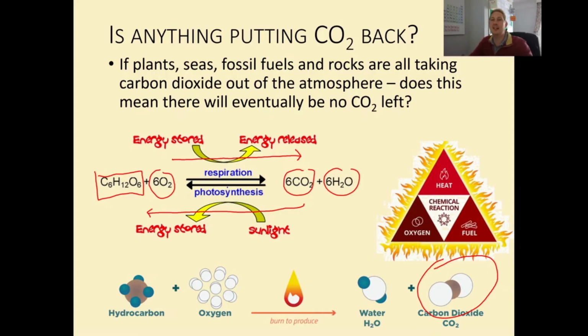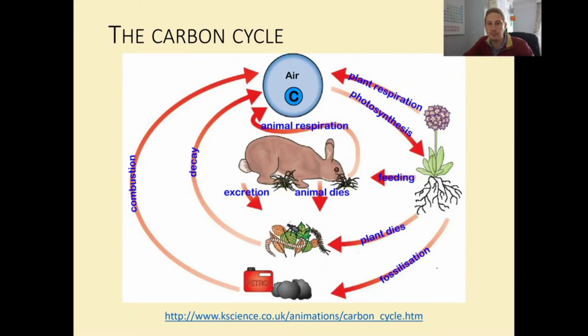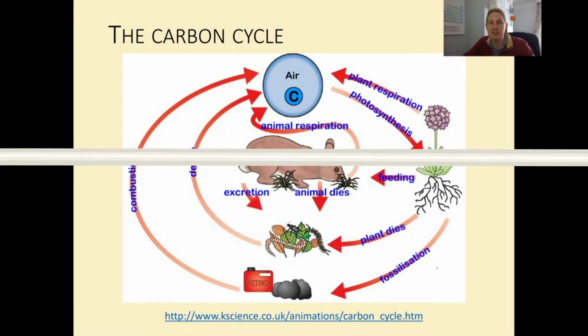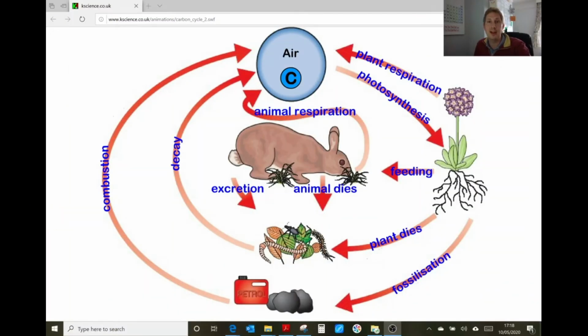And these ideas can be put together in something called the carbon cycle. And this is a picture of the carbon cycle. You may have encountered this in biology, but it's also relevant for this topic of Earth and the atmosphere, for a reason that you will see shortly when we move on to the greenhouse effect.